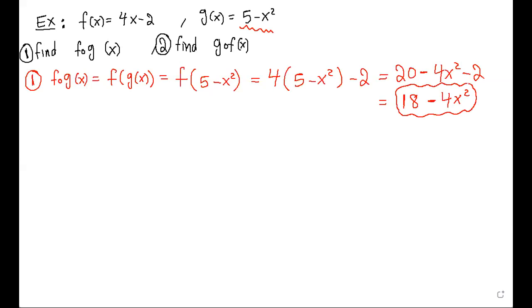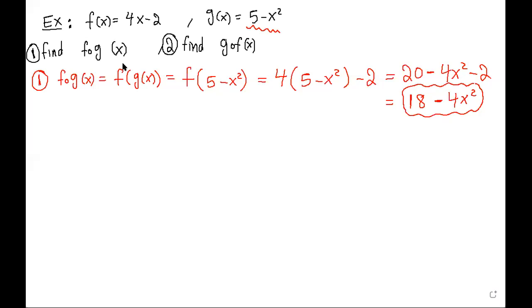Makes sense? Is it clear? Who will do the second one? Number 2. G circle f of x. Who will do the second one? So it's g of f of x.